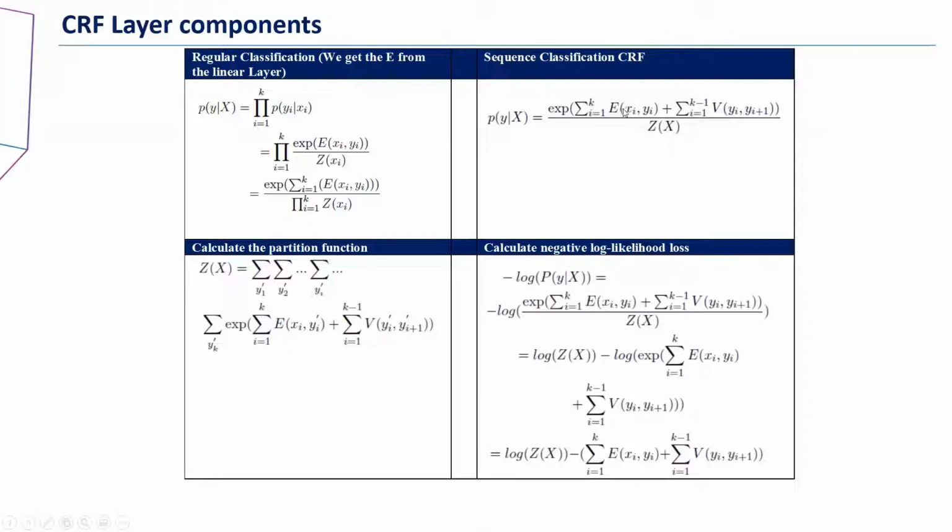This is the emission that we take from the linear layer. Then the CRF calculates the likelihood of the label, for example, I, the probability of Y_i coming before Y_i+1 with label I, and then we calculate Z(X) for the whole sequence, which is the normalization for all these probabilities.